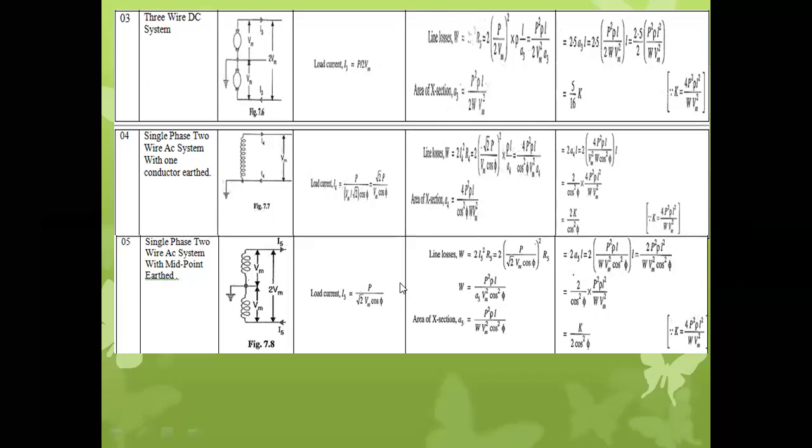Roll number 29, Shirsagar Prashant, tell me, what is your answer?